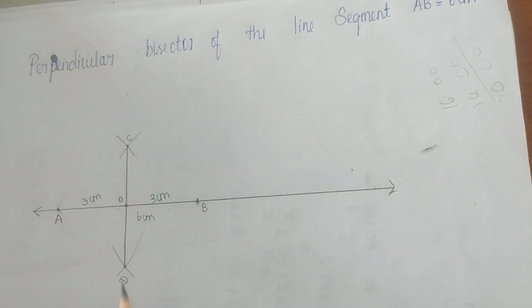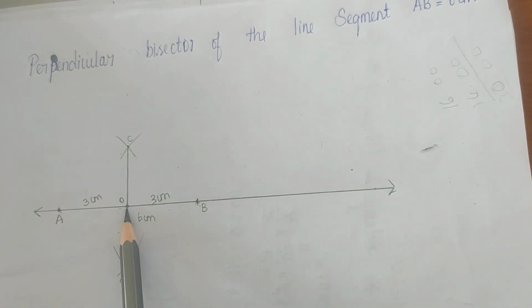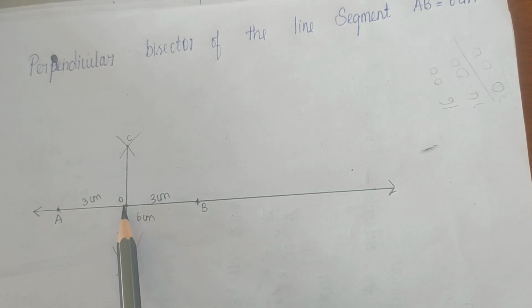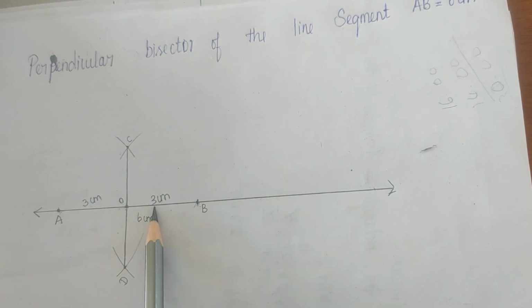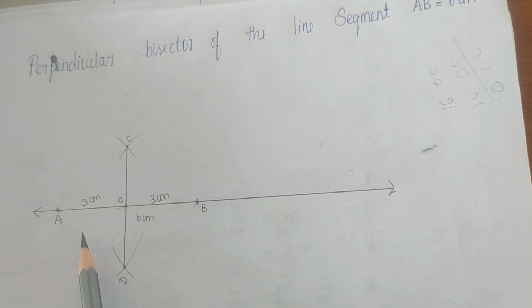Draw a perpendicular line. This gives the perpendicular bisector, with OA equal to 3 centimeters and OB equal to 3 centimeters.